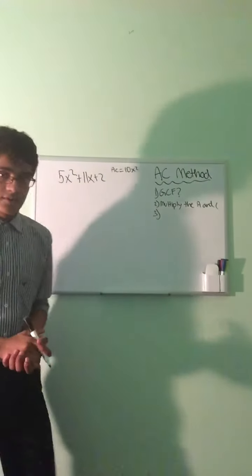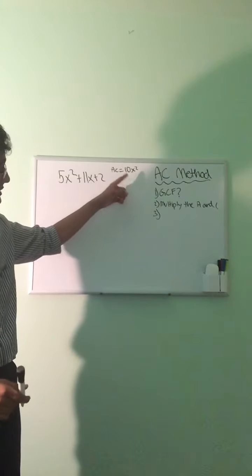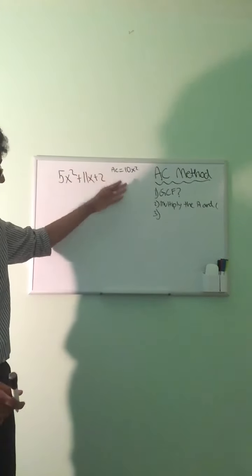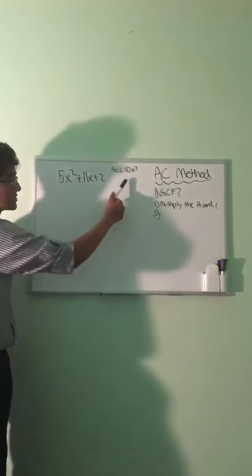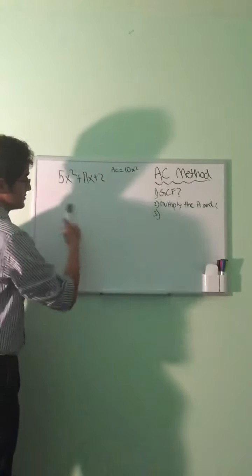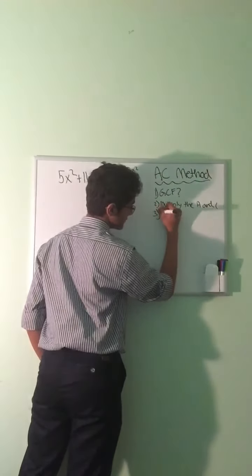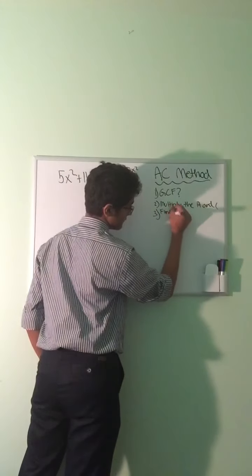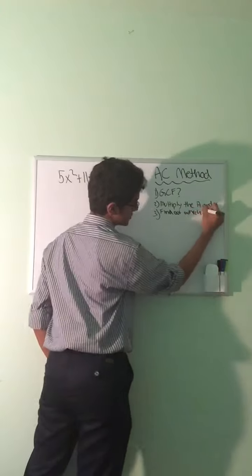The third step is to find which factors of AC add up to B. So which factors of 10x squared would add up to 11x?